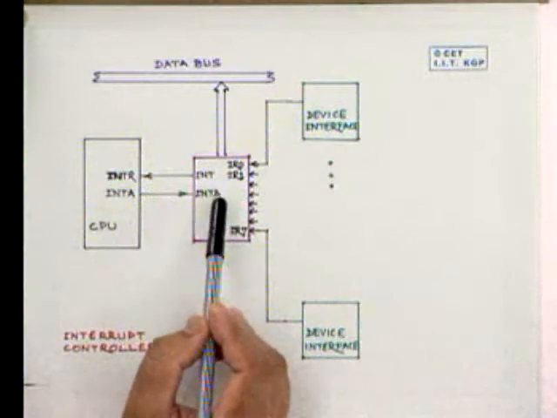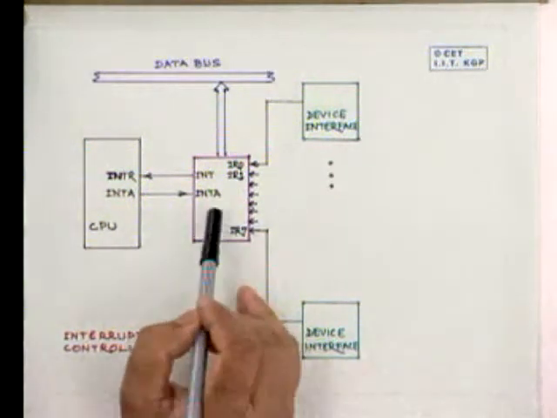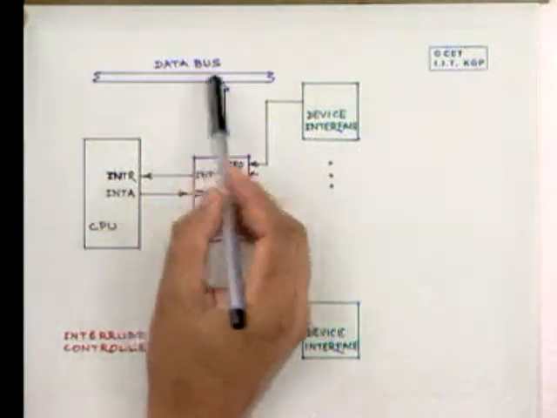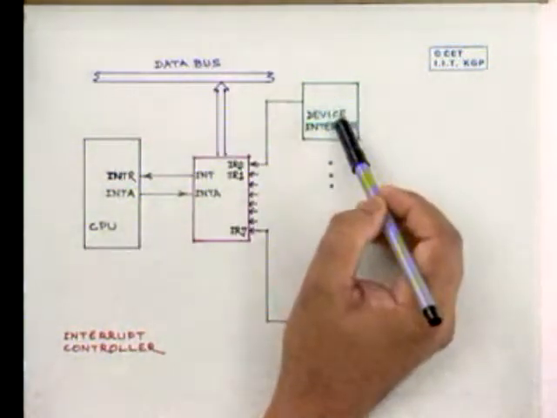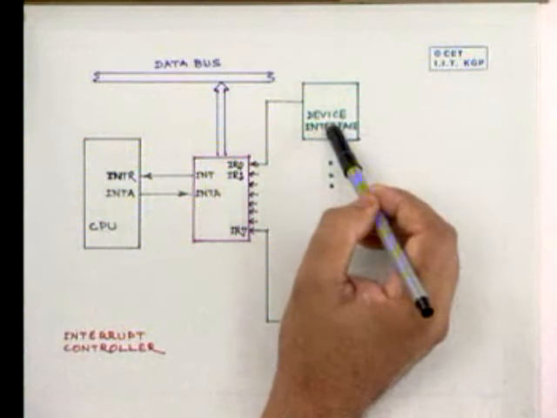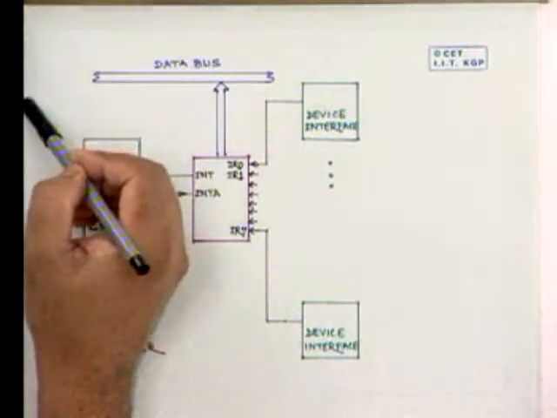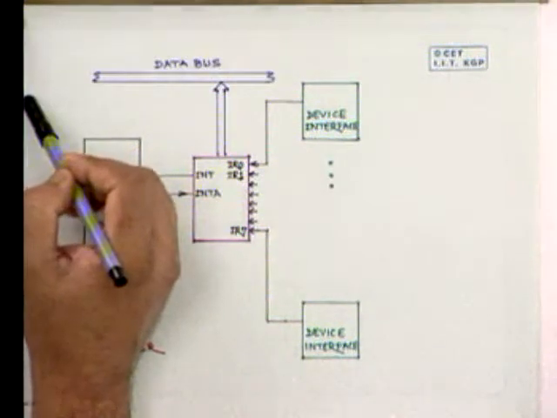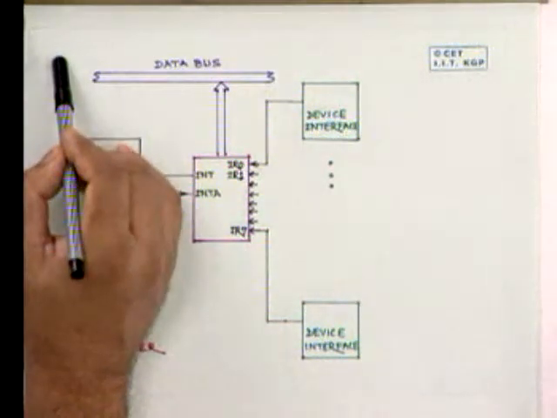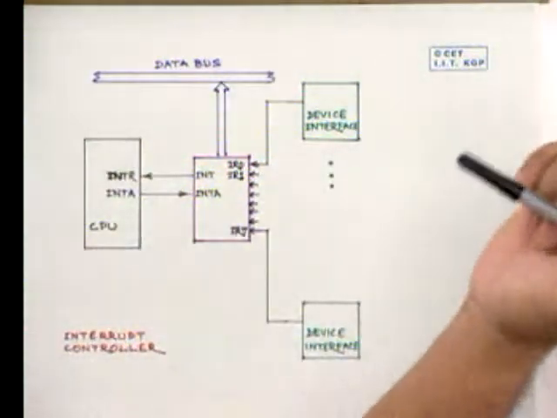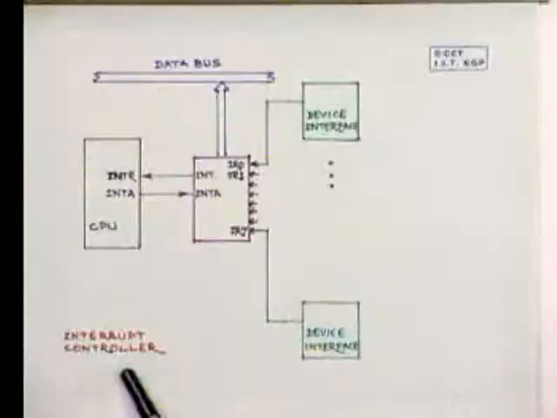On getting that interrupt acknowledge, the interrupt controller puts into the data bus the address of the interrupt handler of this device, which address is now taken by the CPU, and the control goes to the interrupt handler at that address, and that interrupt handling execution starts. This is the situation in the case of an interrupt controller.